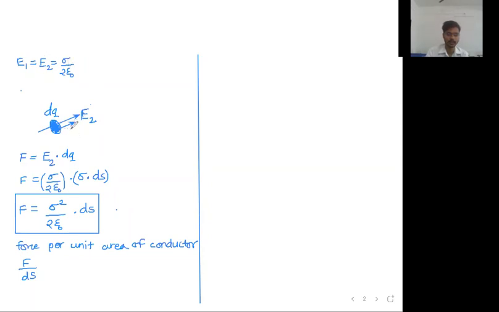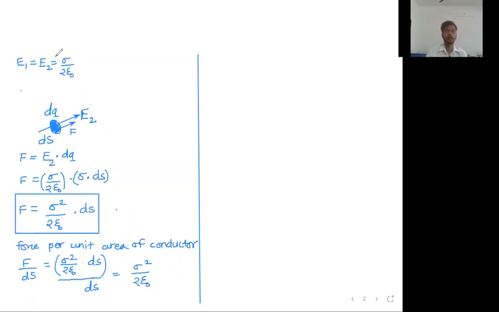Charge is dq, area is ds. So force per unit area is the value of force, sigma square upon 2 epsilon 0 into ds, divided by area ds. ds gets cancelled. What you get is sigma square upon 2 epsilon 0. That's it.